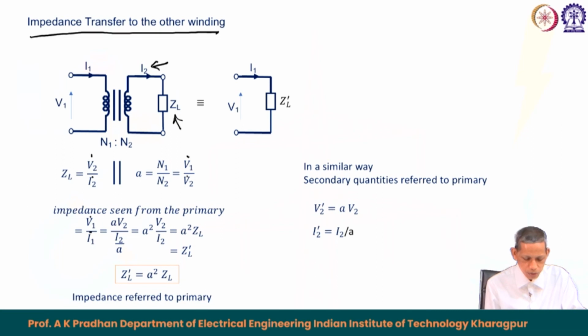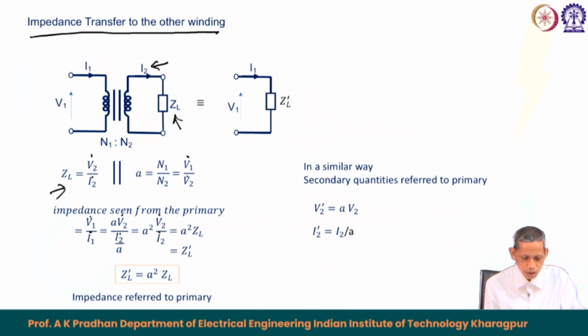So, that becomes a V2 phasor divided by I2 phasor by a, because V1 is a V2 and I1 is I2 upon a. So, that results in the corresponding impedance seen from the primary becoming a square V2 upon I2 and that equals a square ZL, because we know that V2 by I2 is ZL.